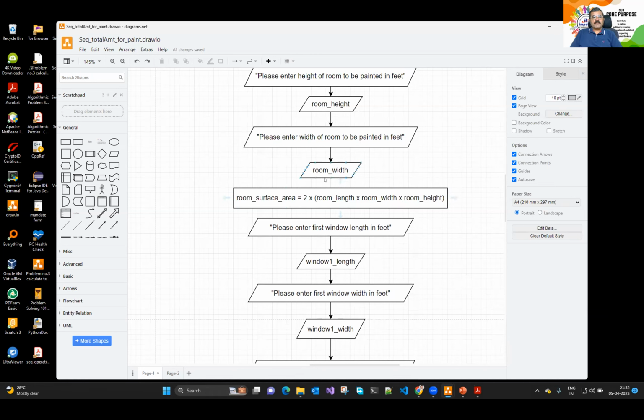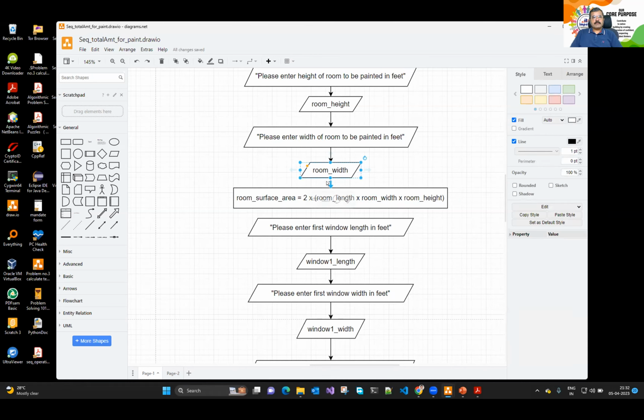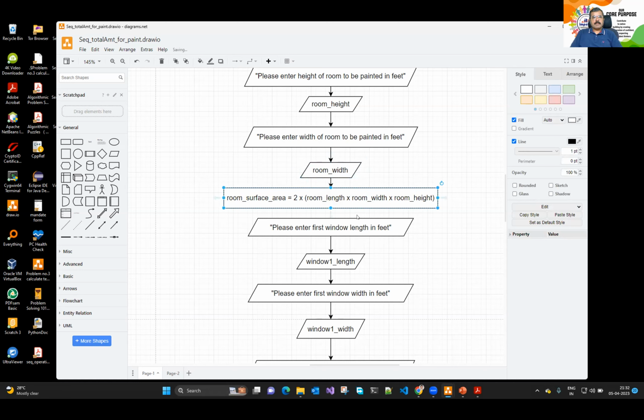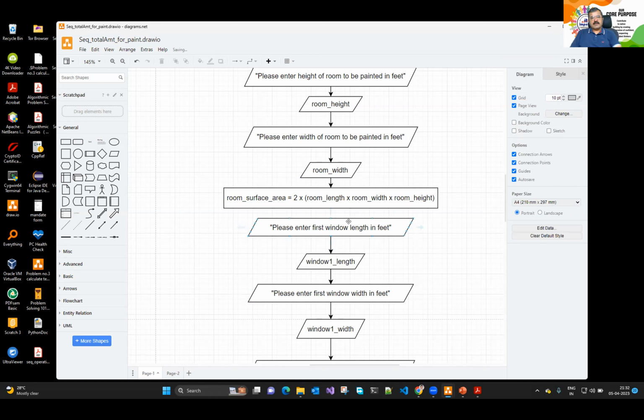The center point was aligned. That was the issue. I can get the center point right. It is working right.